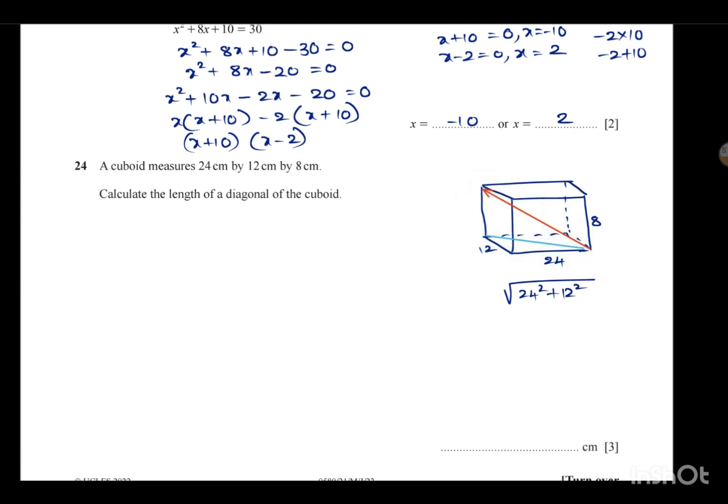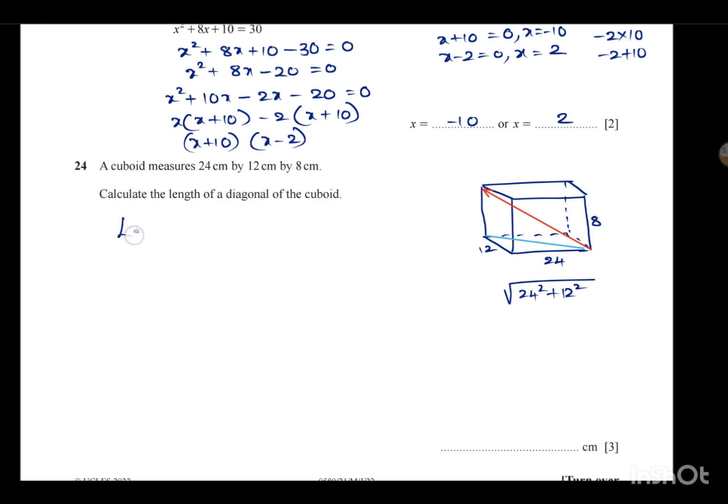So the length of this red line will be square root of 8 square, because this is 8 now. All these lines are 8. So 8 square plus 24 square plus 12 square, because this is already square root of 24 square plus 12 square.